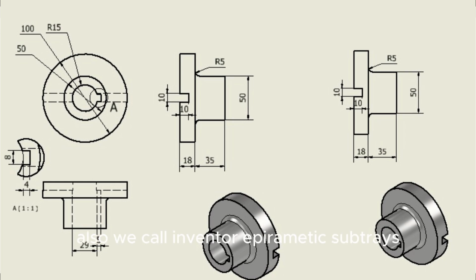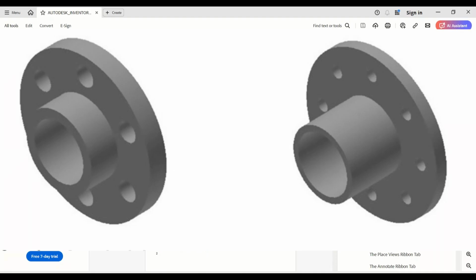Also, we call Inventor a parametric software. Unlike software like AutoCAD, it's a more advanced parametric software. What do we mean by a parametric software? It means that when you've made the model you're seeing on the screen, this model can be edited to form another desired size without you going back to what you have done before.